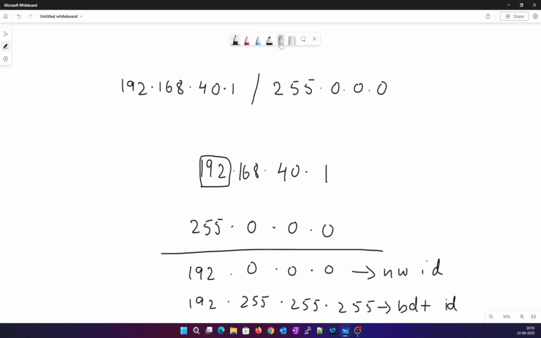Let's take another example where instead of one single 255 we have multiple 255s. For example, 255.255.0.0. Now let us find out the network ID and the broadcast ID.